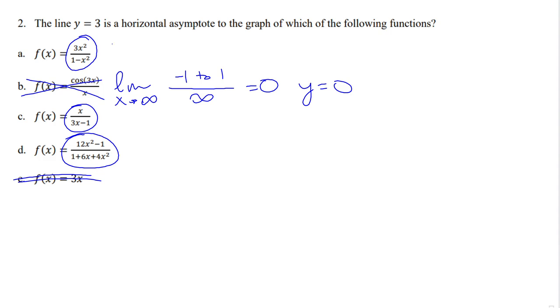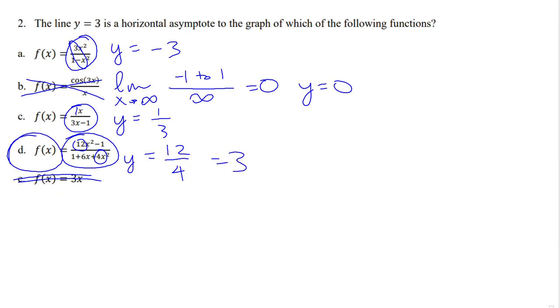So the horizontal asymptote should just be the division of the leading coefficients. In this one, it's 3 over -1. For this one, it's 1 over 3. And for this one, it's 12 over 4, which is 3. So the answer is D. It's not any of these other ones.